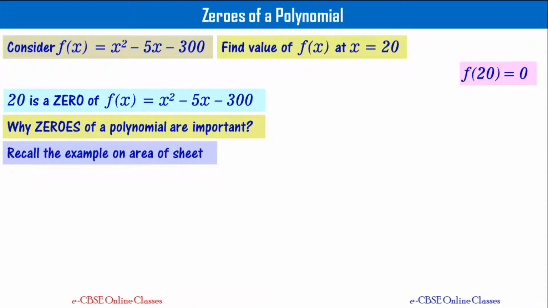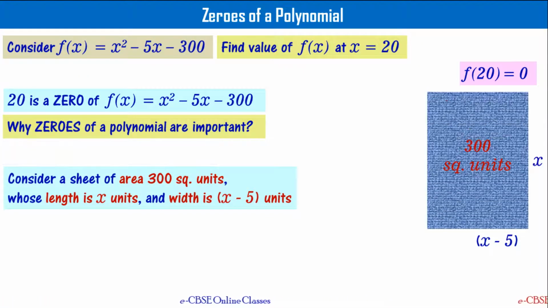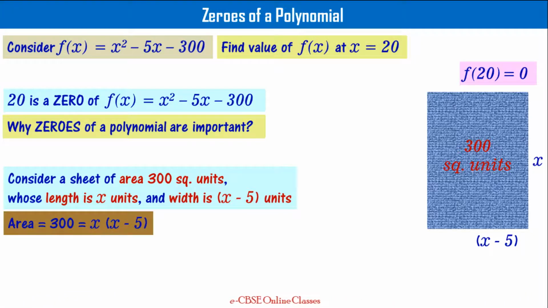Let's quickly recall the example we have seen in the first video on this particular topic. That is, let us consider a sheet of area 300 square units whose length is x units and width is x minus 5 units, right? So area can be written as 300 equal to x times x minus 5.